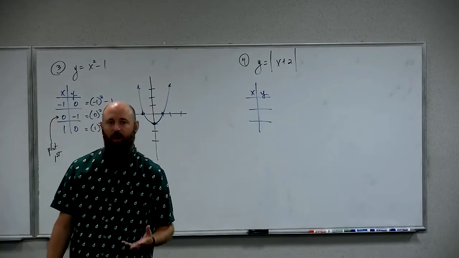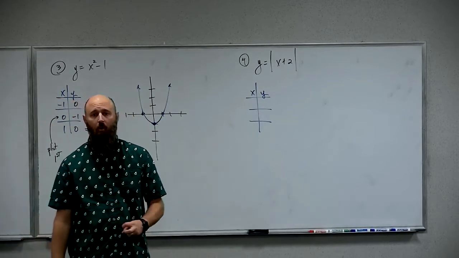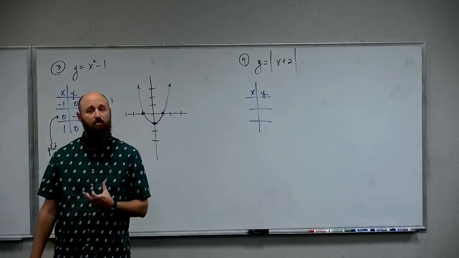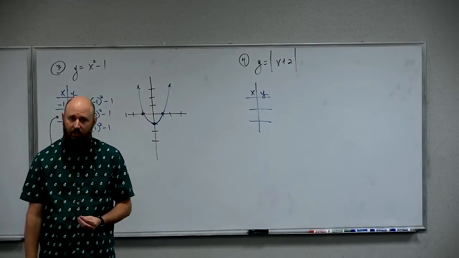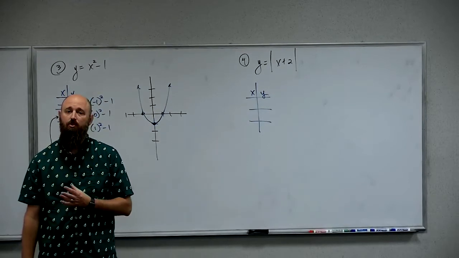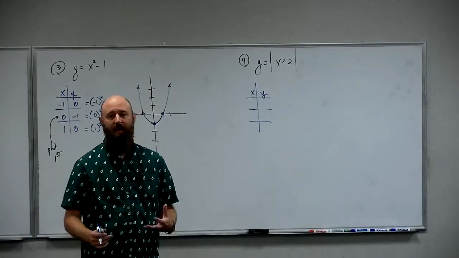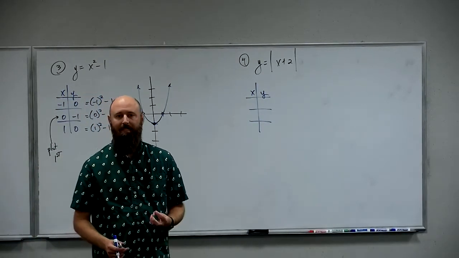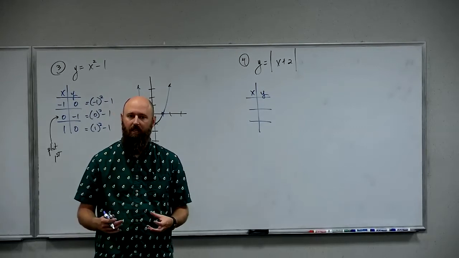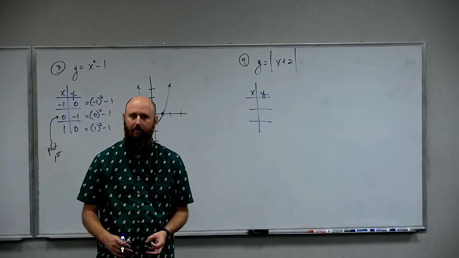And if we do that, we will get good whole numbers. The problem is we're not going to get a V shape. It's going to be just a straight line, which means it's only one side of my absolute value. We really need to see where that V is created, okay?